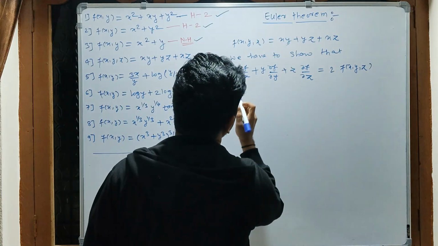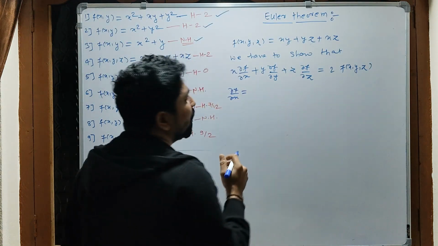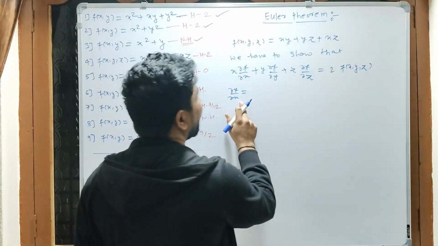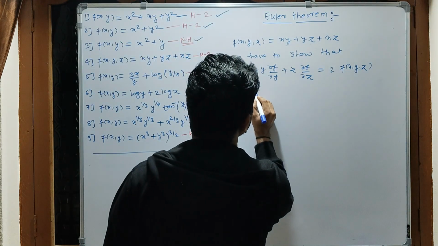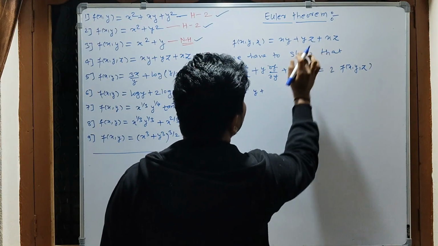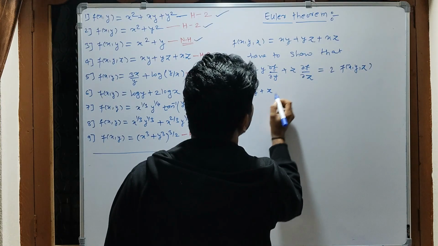First I will find ∂f/∂x, which is the partial derivative of my function with respect to x. Treat y and z as constants. So this is y plus, x is constant here so this is 0, plus z.